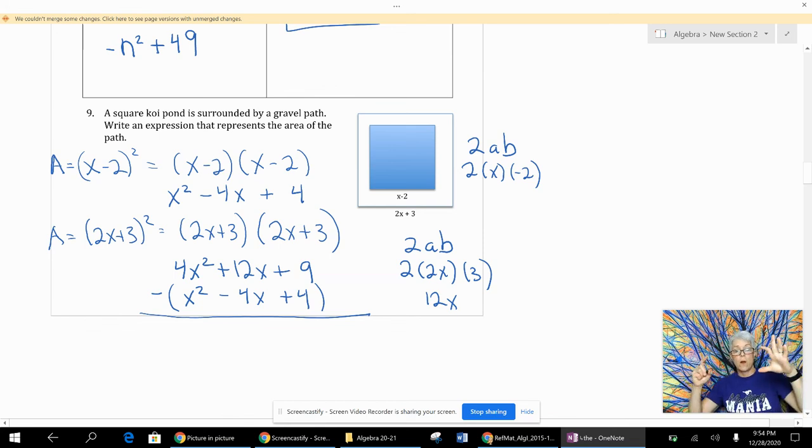When you subtract that whole trinomial, you got to change all the signs. So this becomes a negative, this becomes a positive, and this becomes a negative. Now I can subtract. Sometimes subtracting means adding. This is a 16x. This is a positive 5. And this is a 3x squared.